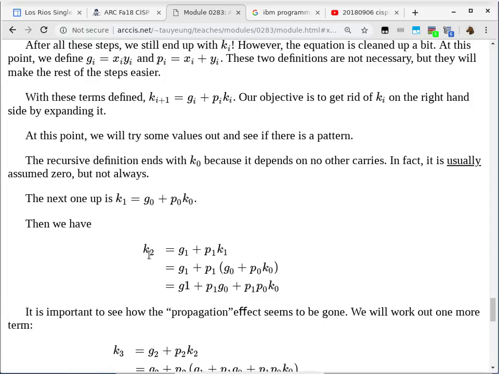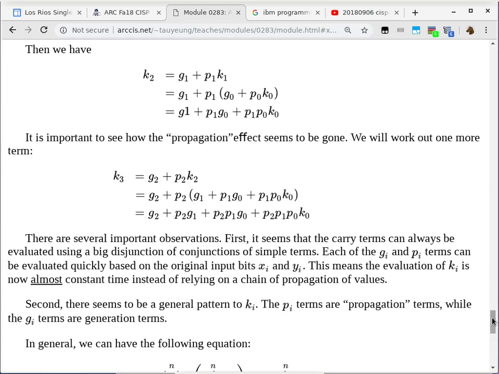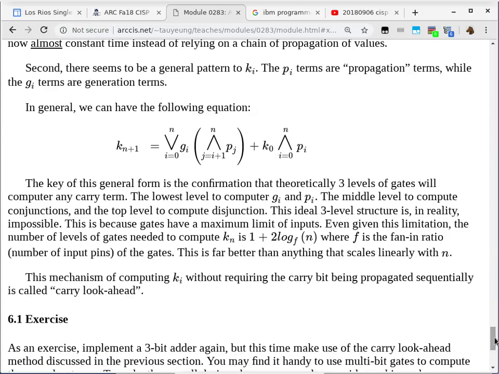Using expansion or substitution, we can also express k2 in terms of the g terms, the p terms, and k0. We can extend this to k3 the same way. And I believe last Thursday I also talked about a loop to evaluate the ugly long expression at the bottom. Is that correct?